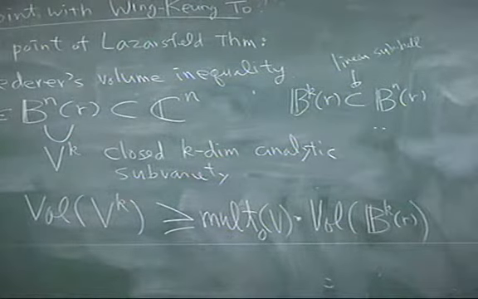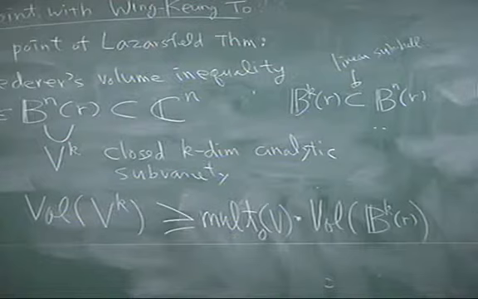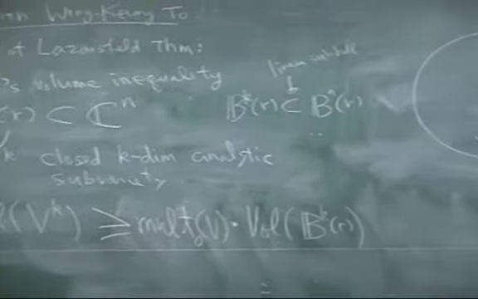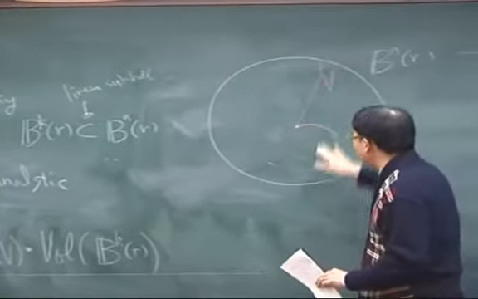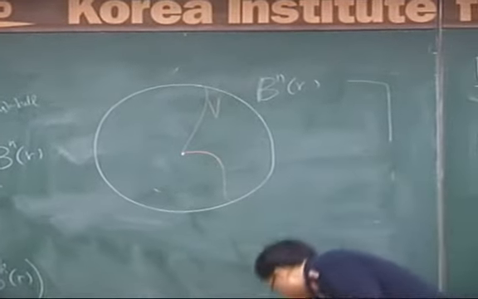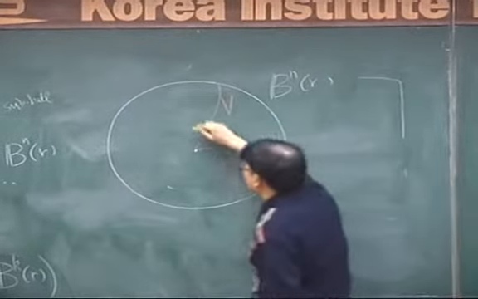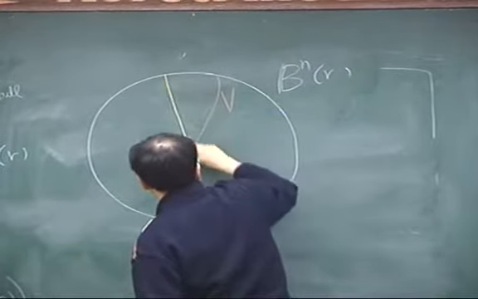Yeah, so let me draw the picture. You have this big ball, and the center here, and now we have our analytic variety, with some singularity there. The volume of this is at least equal to something like this.